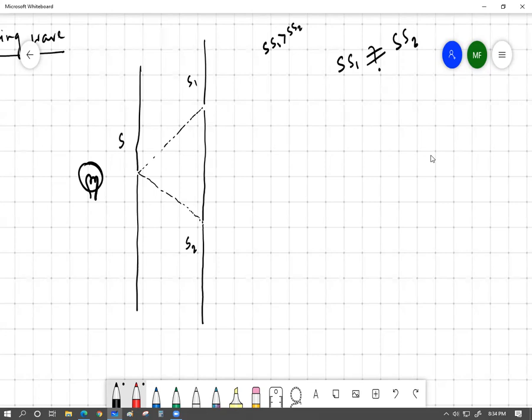Now suppose we're going to send a wave from here, and waves are going to reach over here. Let's say the distance over here is 10 lambda, and the distance over here is 9.75 lambda, so lambda by 4 less.